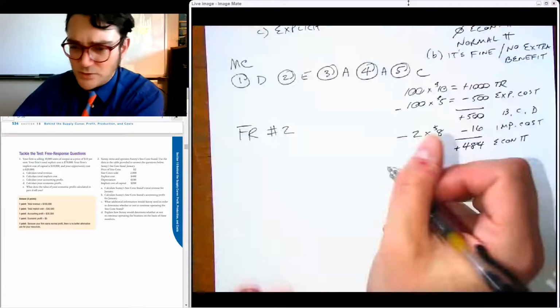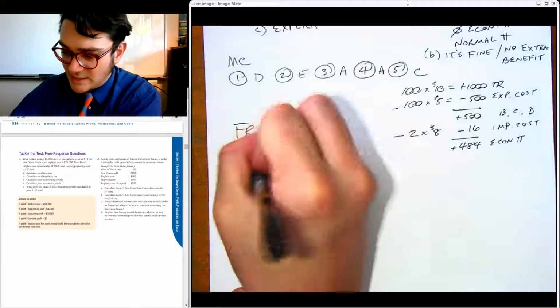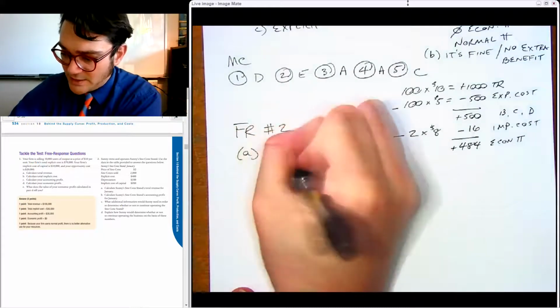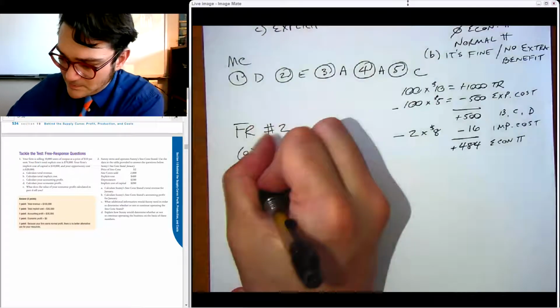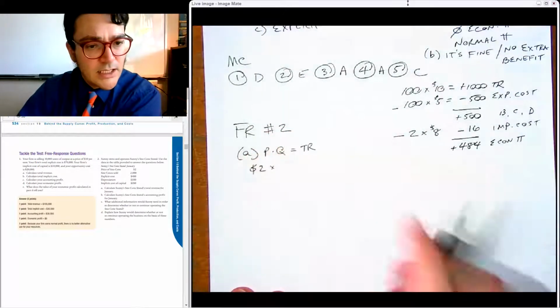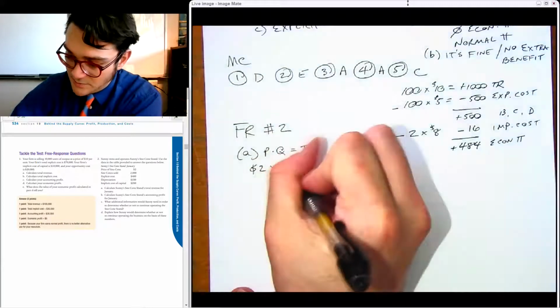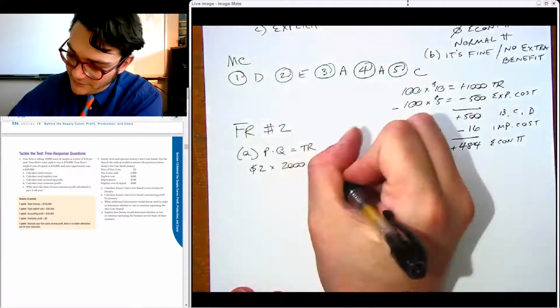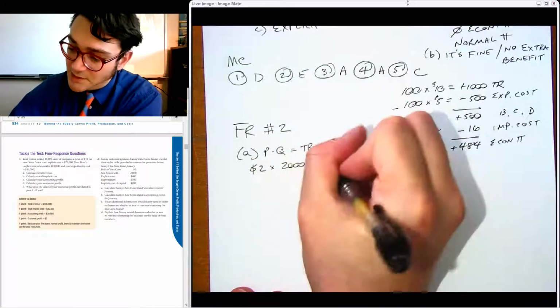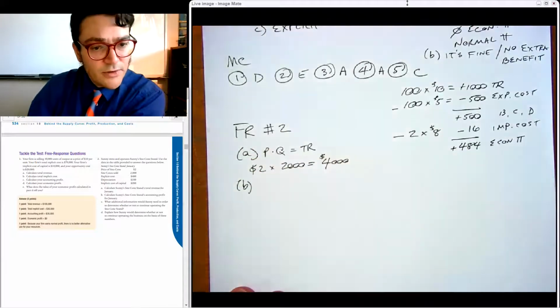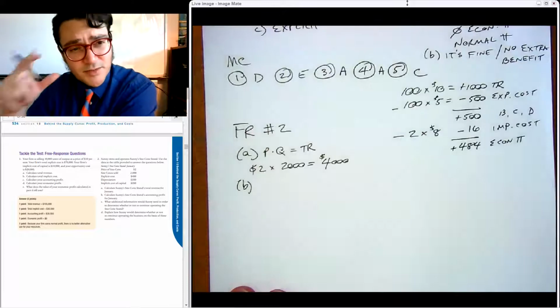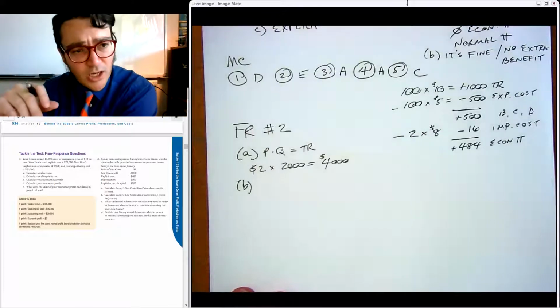Okay, so total revenue is the price times the quantity. P times Q equals TR. So what's our P? It's $2 times 2,000 snow cones. So we have $4,000 in total revenue. Now, B is what's our accounting profit. So we're just going to subtract the depreciation and the explicit costs.